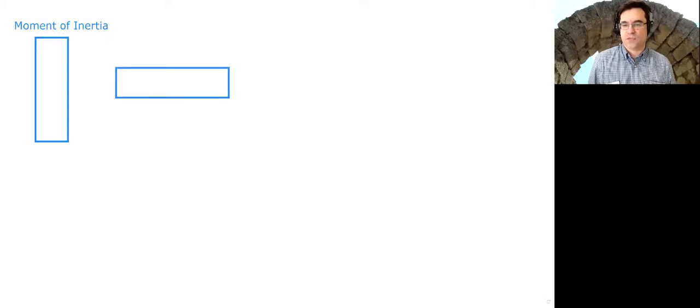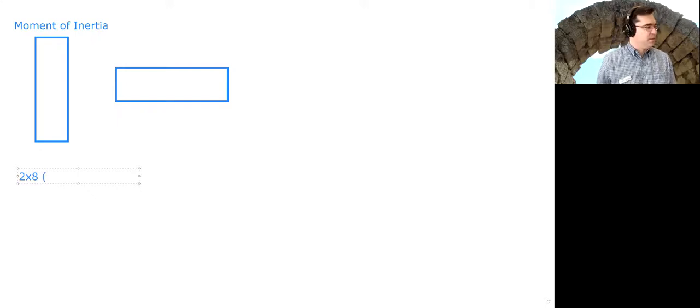I'm going to draw two shapes. I'm going to call both of them 2x8s. Okay, I'm going to call this a 2x8, and that's going to be 38 millimeters by 184 millimeters. Okay, so that's what this is.